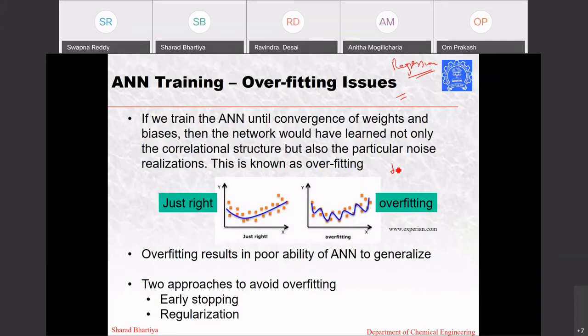You have data, which I call D, and my machine, which I call M, has parameters of weights and biases. In training, I take this data and try to arrive at these weights and biases using this machine.